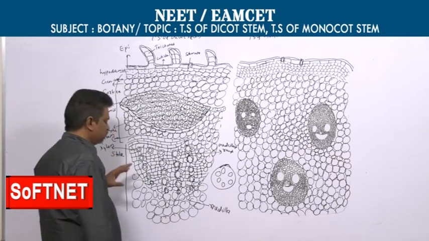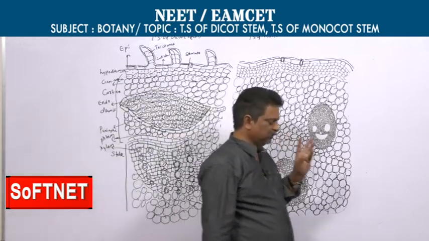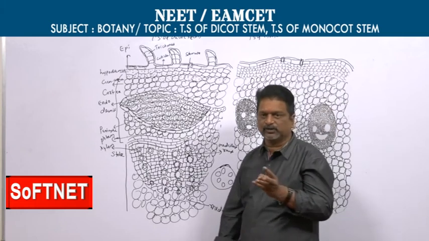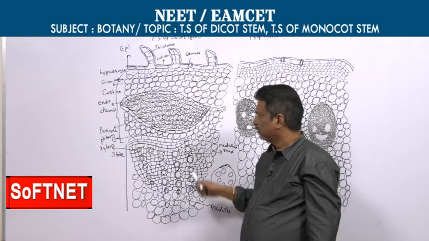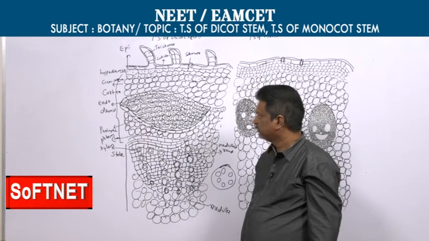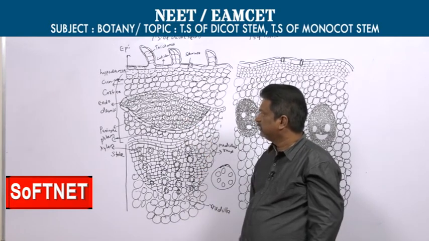These are parts of stele. One is pericycle, second one is vascular bundle, third one medulla and medullary rays. So, first one, pericycle.